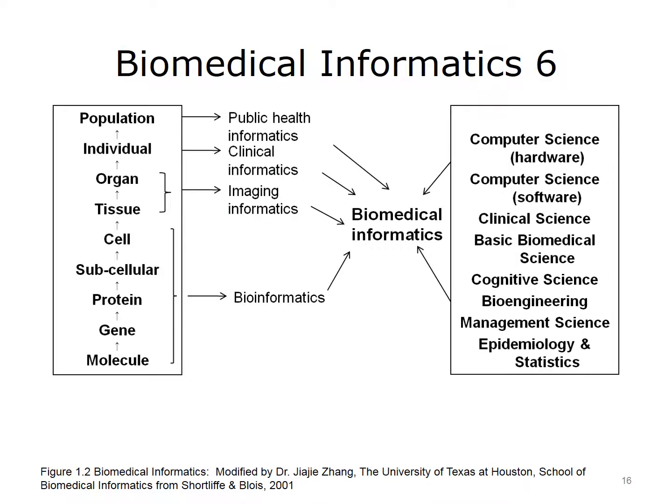The third informatics segment is imaging informatics. Imaging informatics is concerned with the common issues that arise in all image modalities, relating to the acquisition of images in, or conversion to, digital form, and the analysis, manipulation, and use of those images once they are in digital form. Imaging informatics is tissues and organs focused.